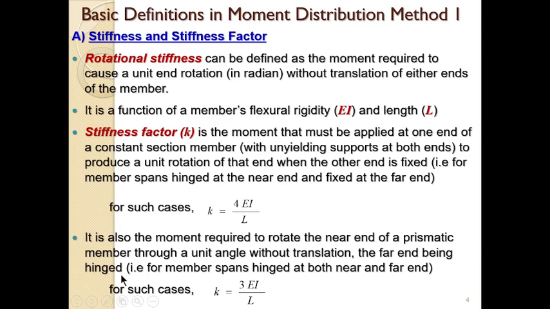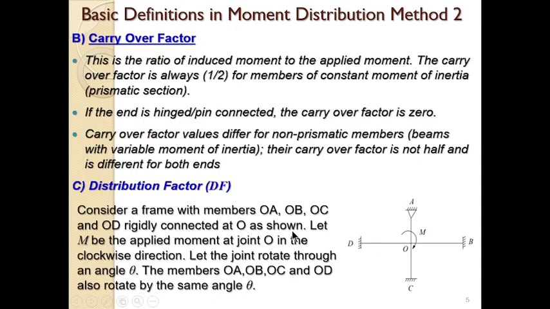For a member hinged at both near and far ends, K is taken as 3EI over L. If it is confusing, I advise you to be a little patient. Once we start looking at examples, you are bound to understand it more.